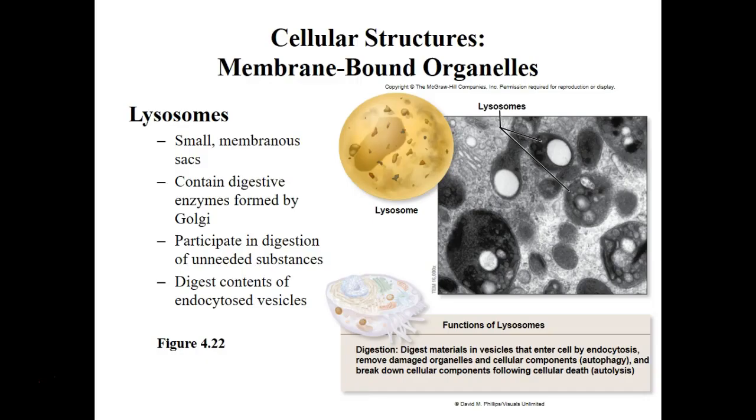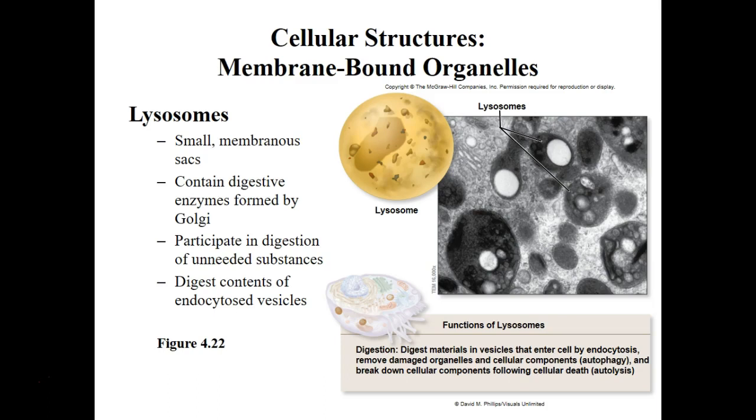Let's talk about lysosomes. Lysosomes are tiny little vesicles that are formed by the Golgi. The enzymes are produced, so the proteins are produced, and they move into the Golgi. The Golgi then forms the vesicle that surrounds the enzymes.